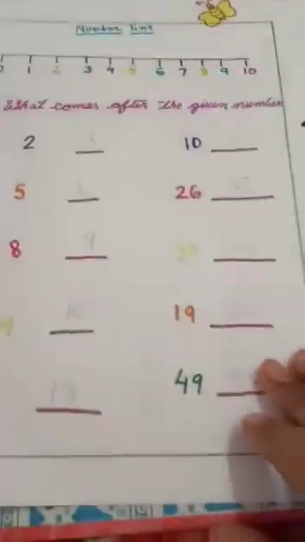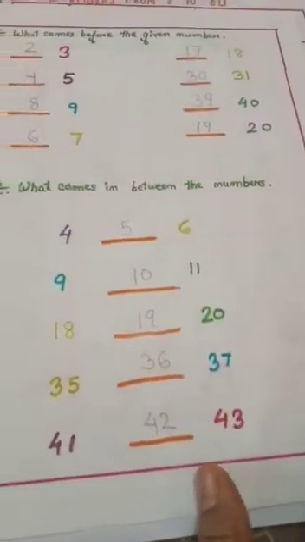Missing number, what comes after, what comes before, what comes in between, and practice at home, or if you have book, then take out page number 12 and 13.